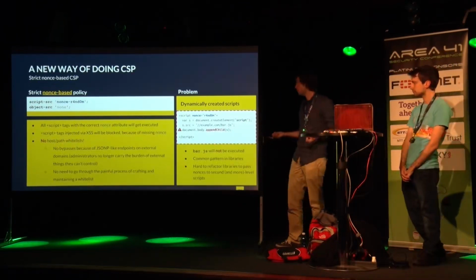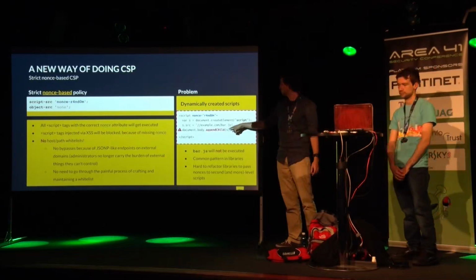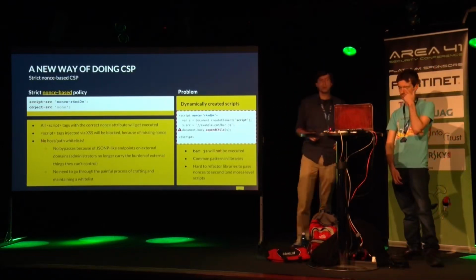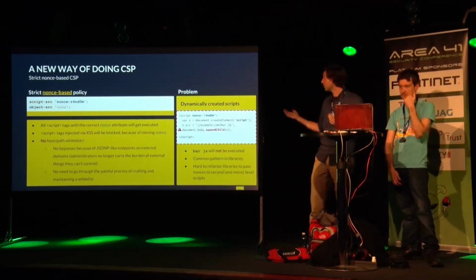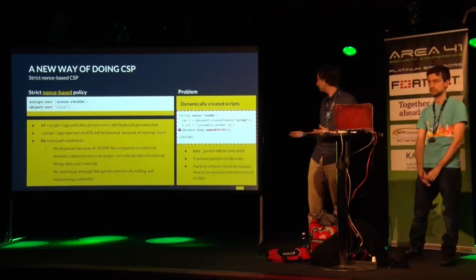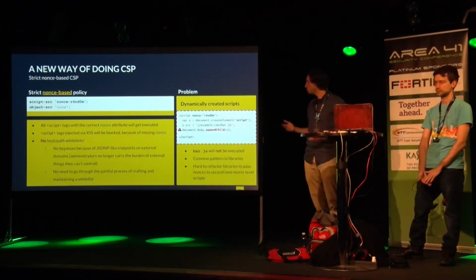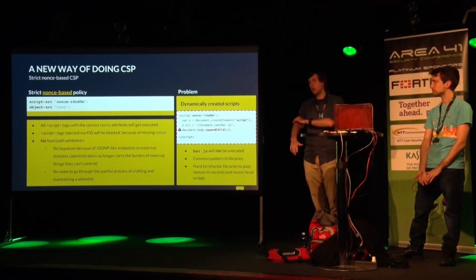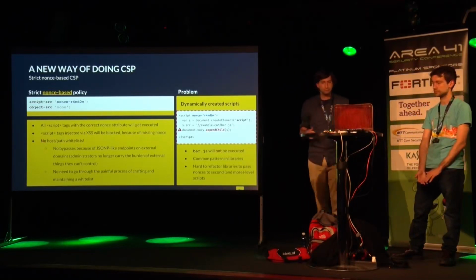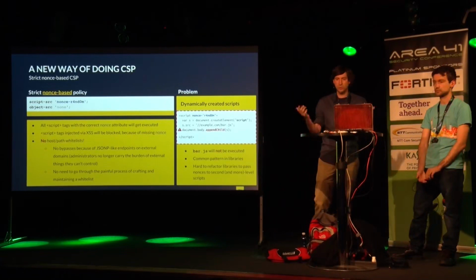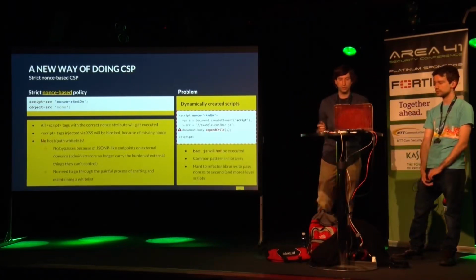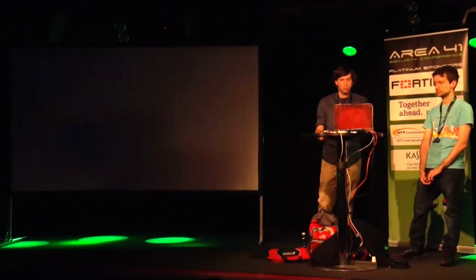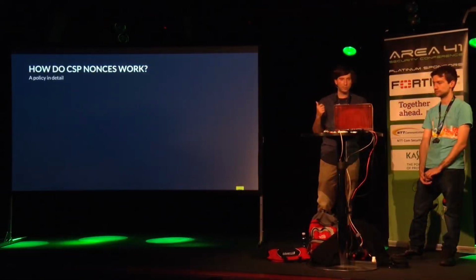So this will fail because this script does not have the nonce then, right? And so this is a very common pattern. Many libraries use that. And you could refactor all the libraries, but it's very hard. And maybe the library is not in your control, right? So maybe you can't do it at all. So we'll see how we fix that problem in a second.